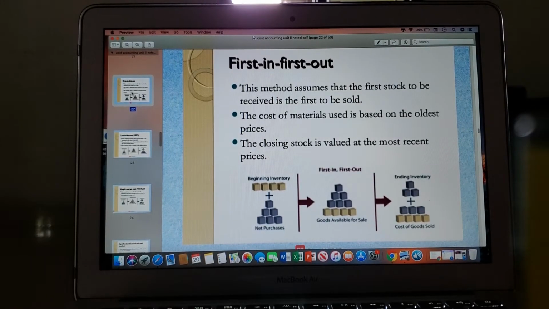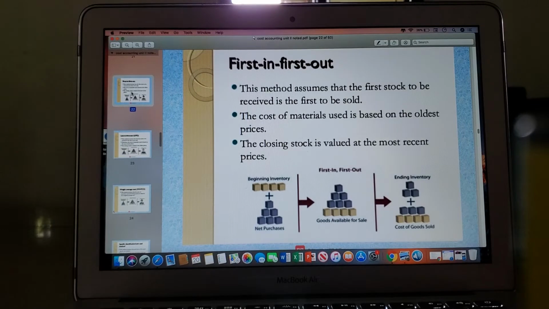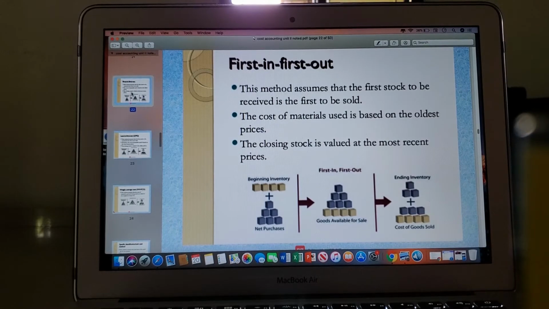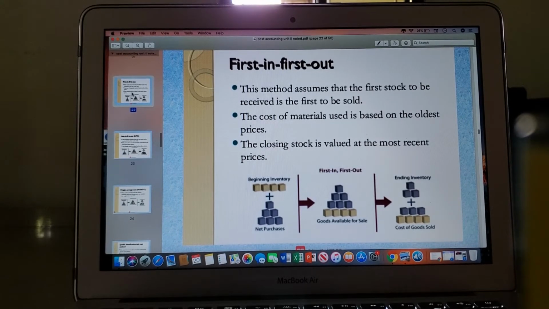In the second column, there is the total goods available for sale, which is the 4 yellow boxes of goods from beginning inventory and the 6 grey boxes of net purchases, totaling 10 boxes.